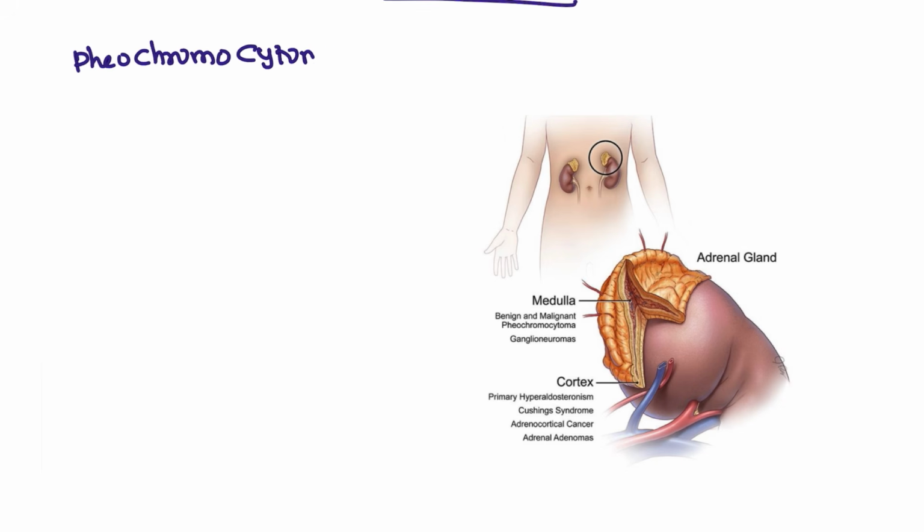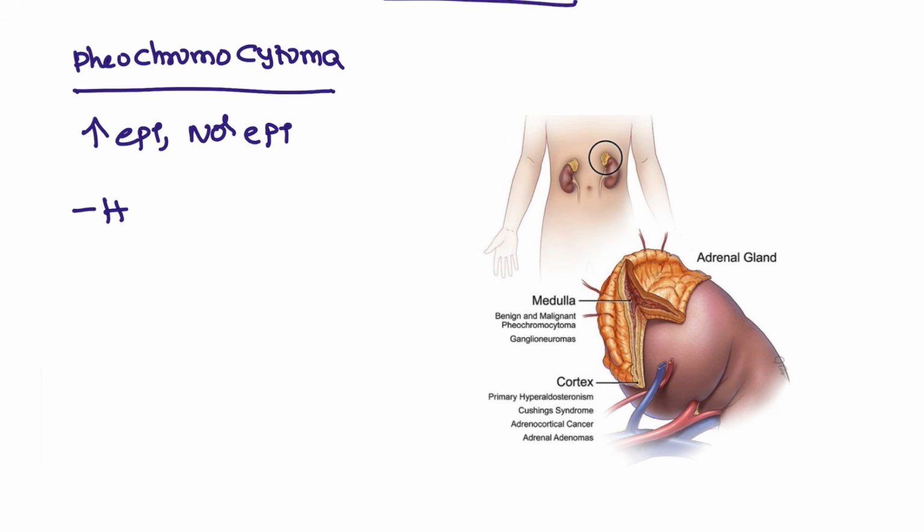Next, we have the condition of pheochromocytoma. In patients with pheochromocytoma, there will be increased epinephrine and increased norepinephrine. So the patient will present with hypertension because of this, and also palpitations, increased sweating, and headache.